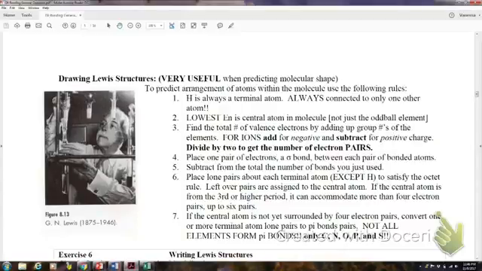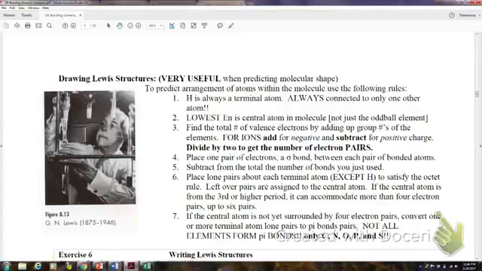Those are the elements that can have multiple bonds. Carbon and nitrogen are special because they can also triple bond. The OPS can only double and single. So those can single, double, or triple. If you're carbon and nitrogen, you can triple; if you're oxygen, phosphorus, or sulfur, you can double.